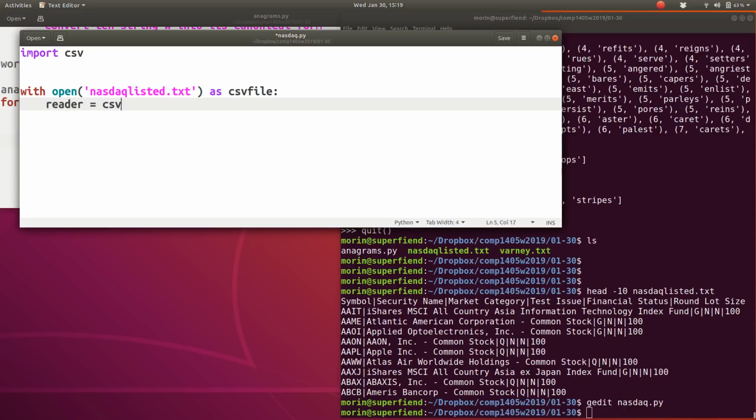Reader is csv.reader, CSV file. And what were the things I need? Delimiter equal to vertical bar. I think that's the only important thing here. I don't think anything is quoted in this file, so we don't need to worry about what character is used for quotes.